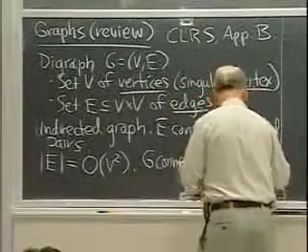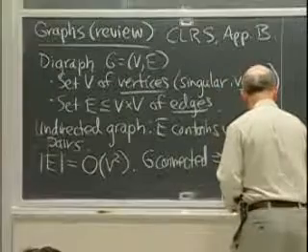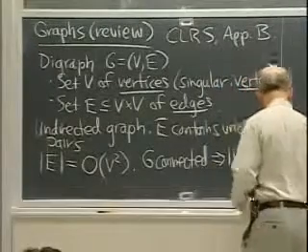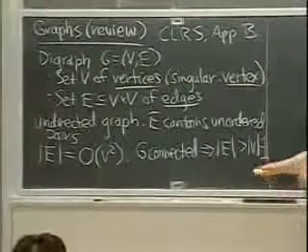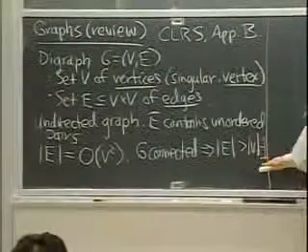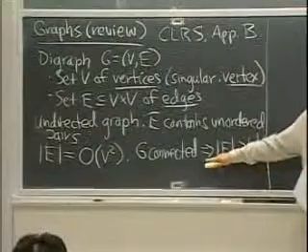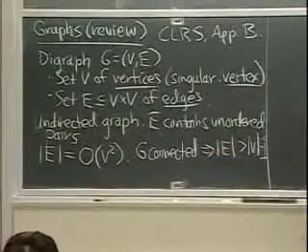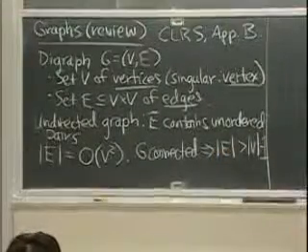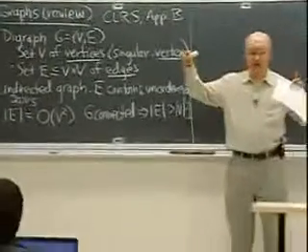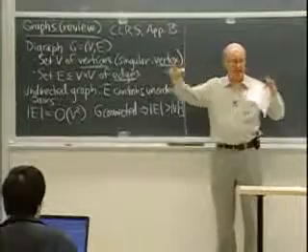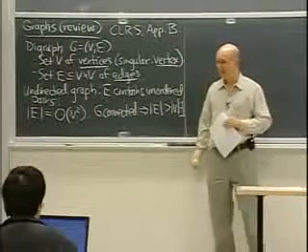It implies that the size of E is at least the size of V minus 1. What does it mean to have a graph that's connected? There's a path from any vertex to any other vertex in the graph. That's what it means to be connected.